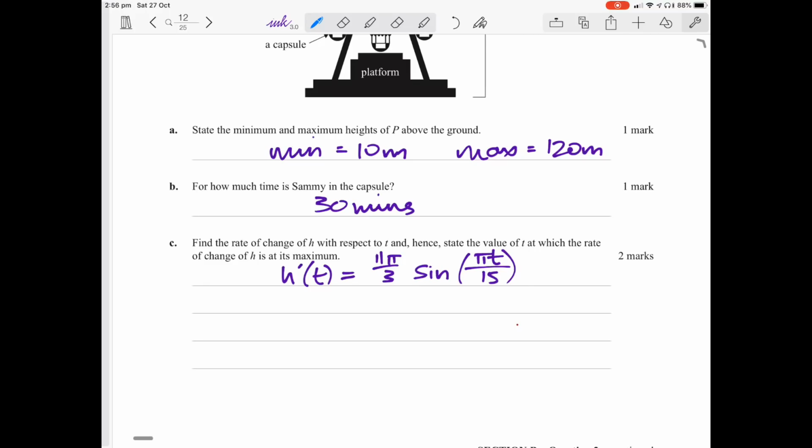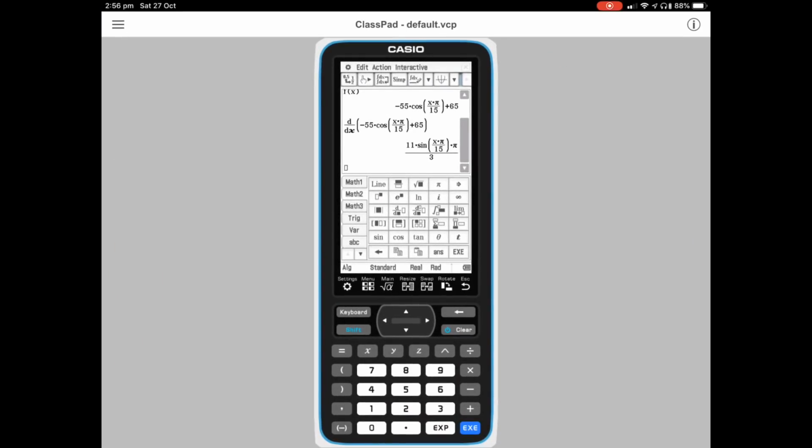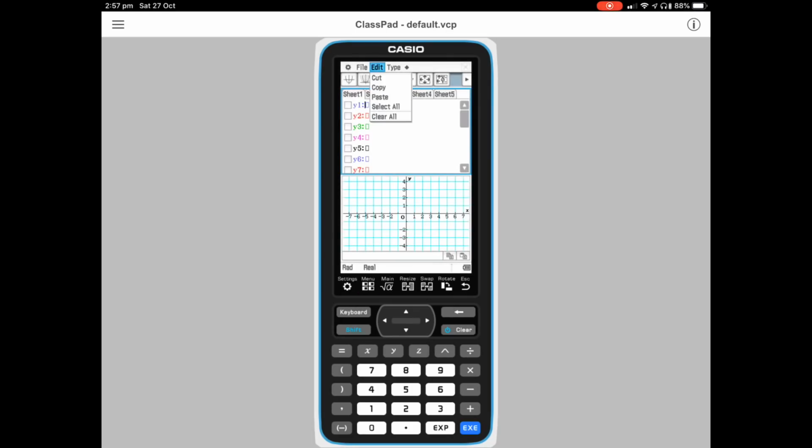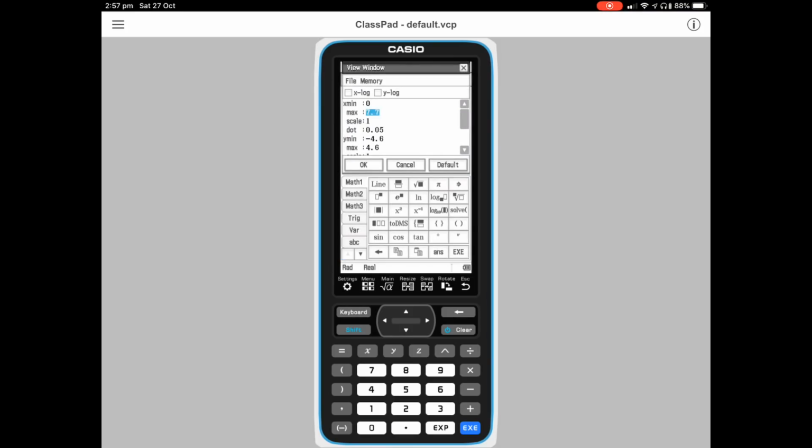Now we want to find when that's got a maximum, so we're going to need that, and we'll just grab it anyway. Edit, copy. Now make sure you calculate it in radians, which it is. What's the period? 30. So we're going to go from 0 to 30.